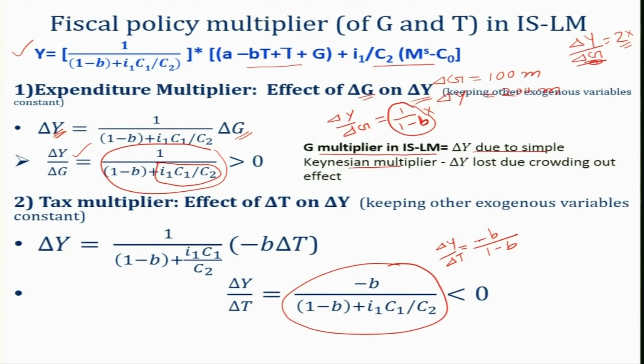Actually, the value here is negative. You can see that because of tax, the output is going to decline. In the simple Keynesian model, there is a large decline in output, but in the ISLM model, it won't be as large. The decline in output in the ISLM model is less than that of the simple Keynesian model, because of the money market effect.